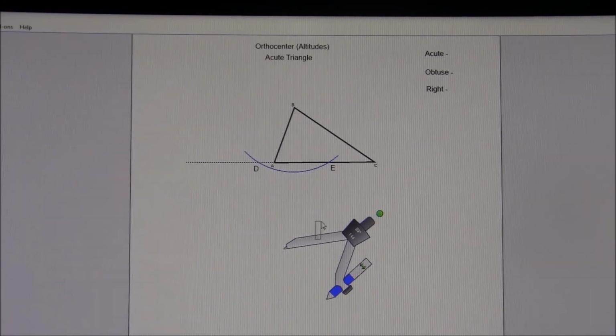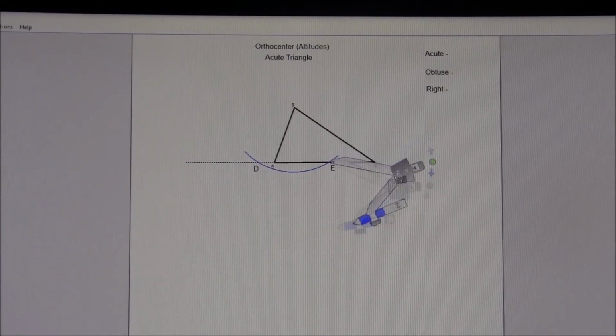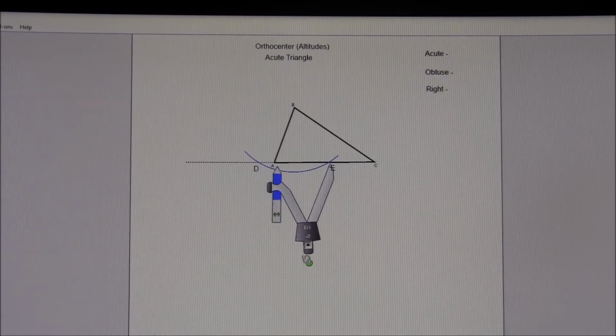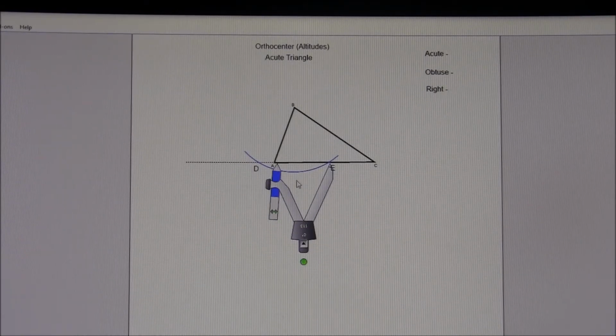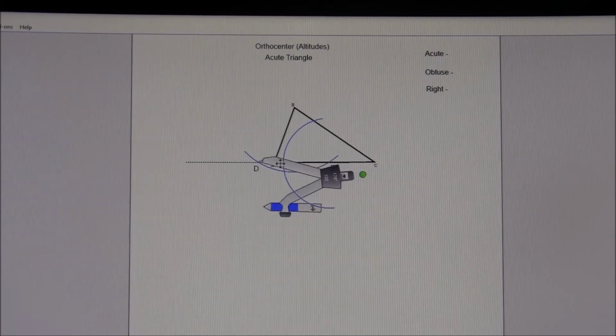I'm going to keep it in blue so we know we're talking about that. So to bisect it, more than halfway, you see it? Here. Between D and E, this is that segment, this is more than halfway, and now I'm bisecting that segment.